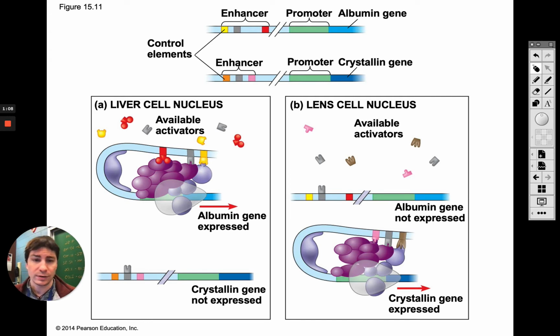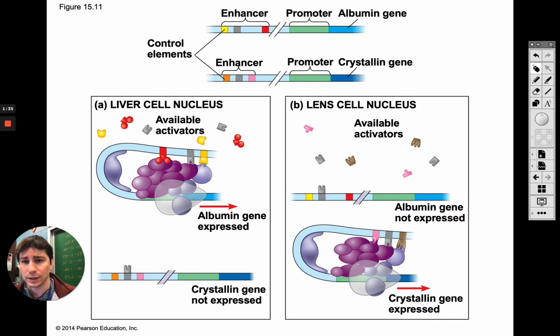Every single one of our cells could make the same proteins to do the same actions as other cells. But obviously, here we have a liver cell and a lens cell. The liver cell is going to make different proteins than the lens cell. Lens cells are obviously in your eyes. They're going to each have different proteins because these cells function completely differently.